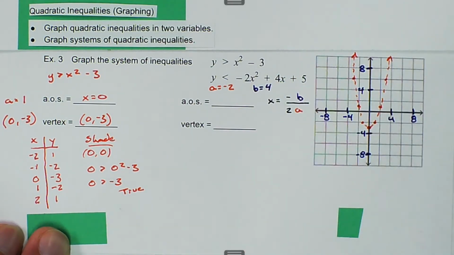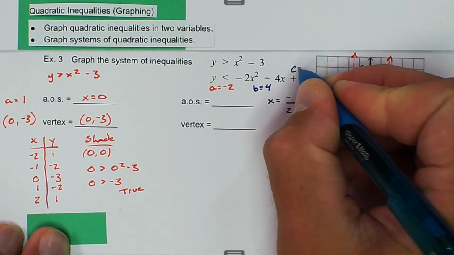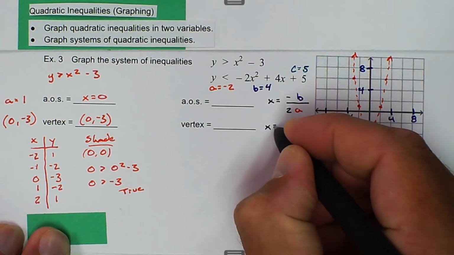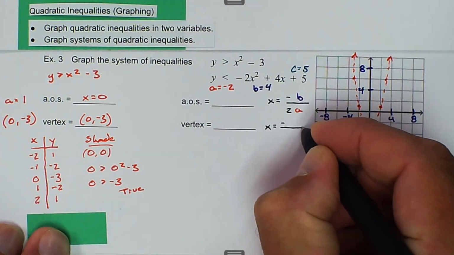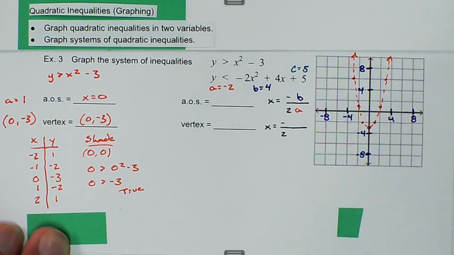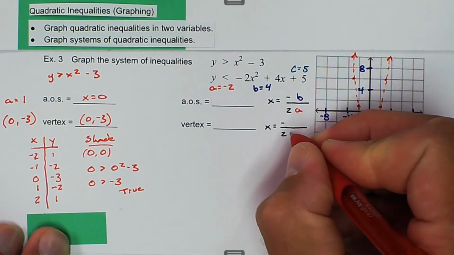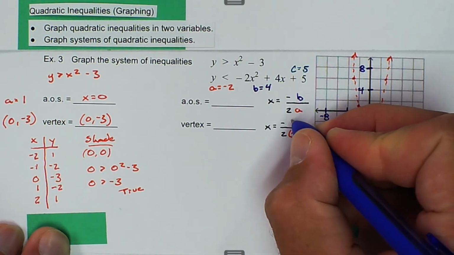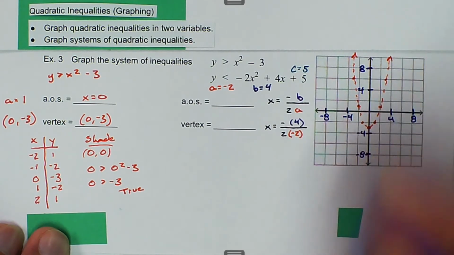And we need the c value, which in this case is 5. So we can substitute those values in. The a value is negative 2, and the b value is 4.